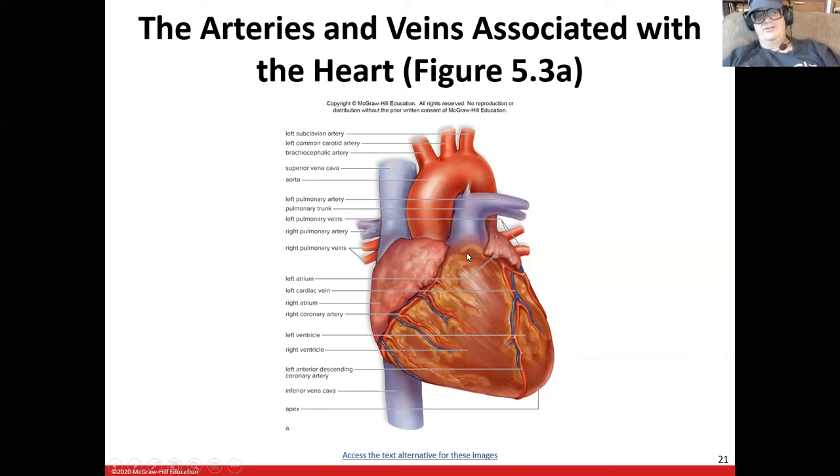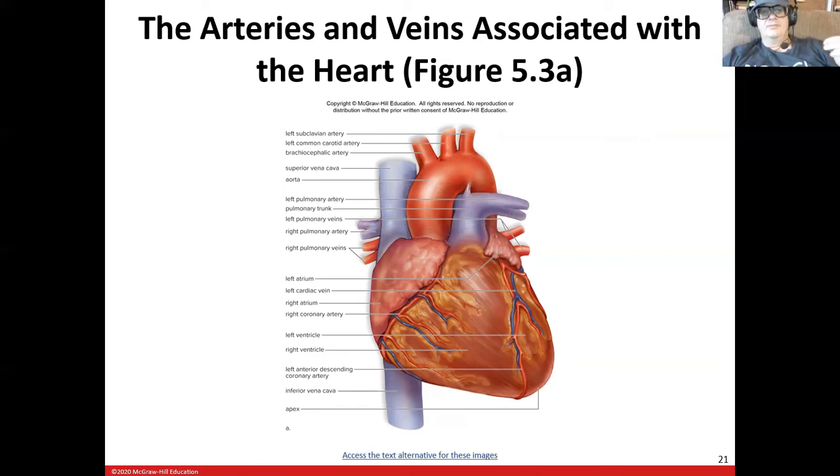It's named because this goes kind of like in a circle around the heart, except that there's a branch over here that goes down. Think of a flexed knee. That combination is why we call it the circumflex artery.